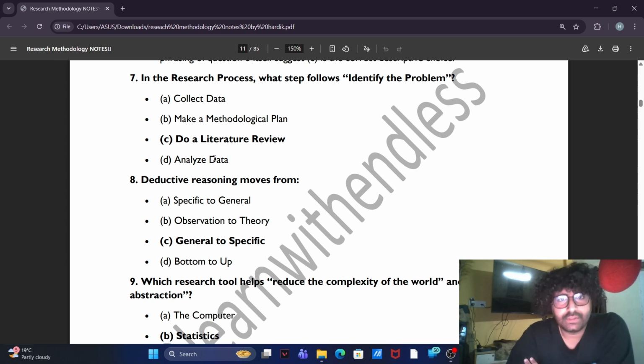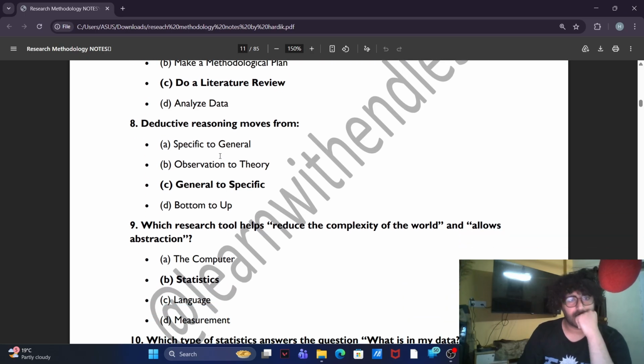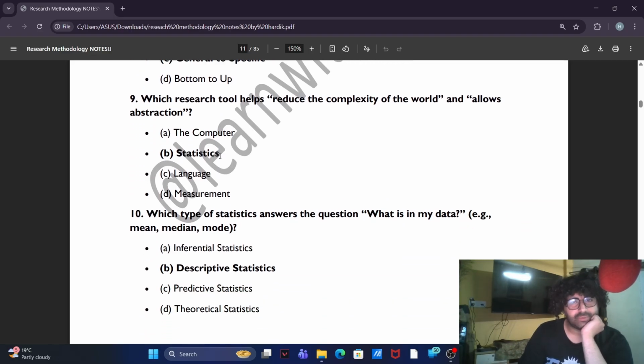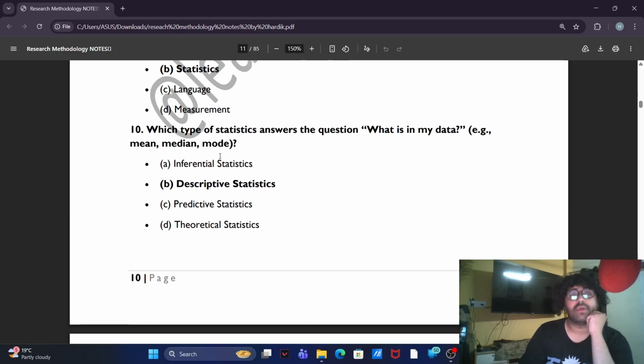In the research process, what step follows identifying the problem? Do a research literature review. Deductive reasoning moves from general to specific. Which research tool helps reduce the complexity of the world and allows abstraction? It's statistics. Which type of statistics answers the question, what is my data? For example, mean, median, mode. It is descriptive statistics.